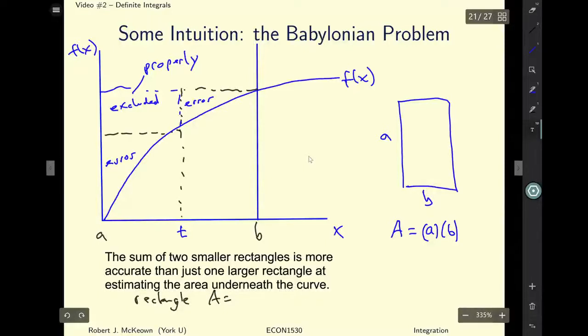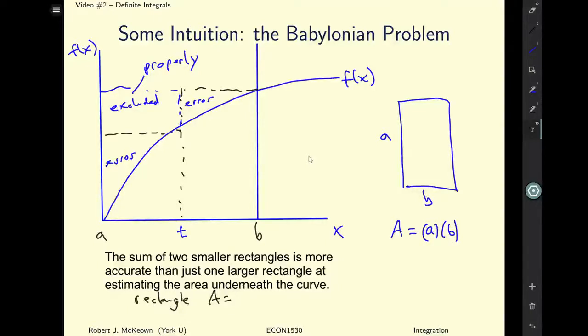And so the ancient Greeks also picked up on this idea. If you want to measure a curvy border area, if you want to measure the area underneath a curve, you can use rectangles to estimate it. And the smaller your rectangles are and the more rectangles you use, the more accurate your result is going to be.